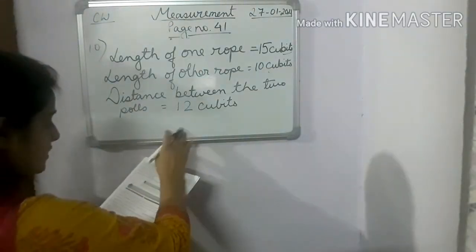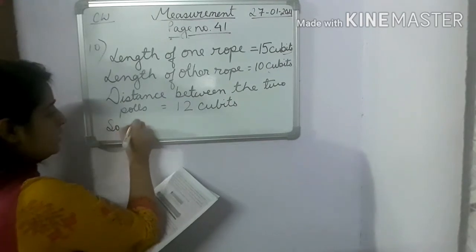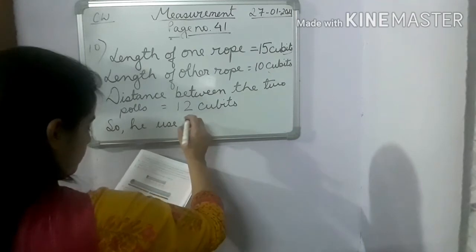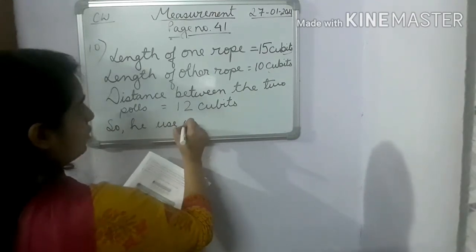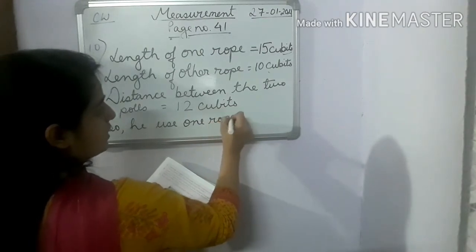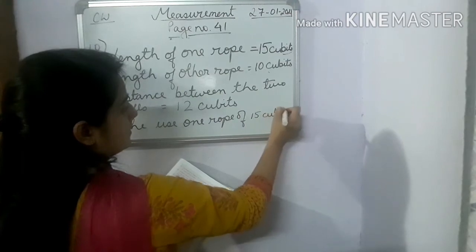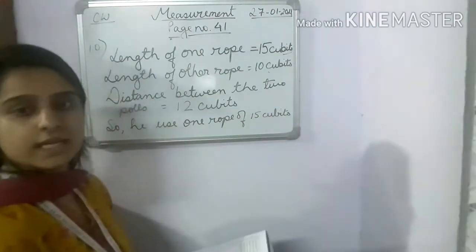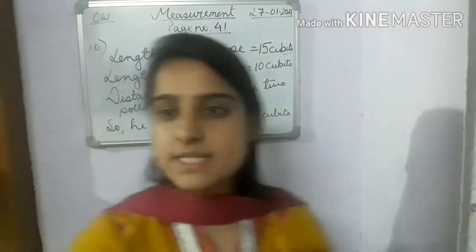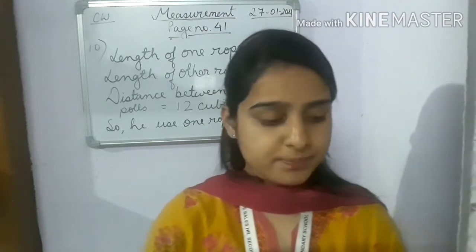So you write, so he used one rope of 15 cubits. So you note down this answer. Hope it is clear to everyone.